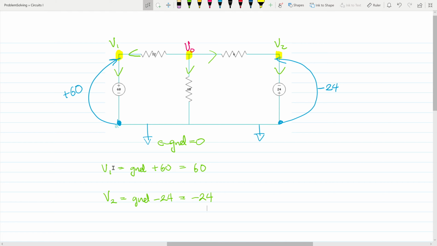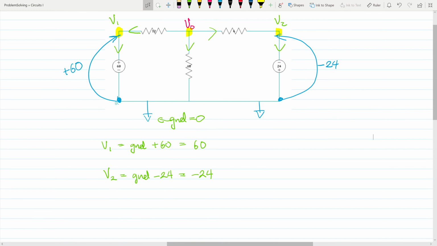So right away, we've actually solved two of our nodes already. We don't have to do the KCL equations at V1 and V2 because we already know the voltages at those nodes. You only have to do KCL at V naught. For our third and final equation, at V naught, we have a bunch of currents leaving the node, so on one side of the KCL equation we have 0.